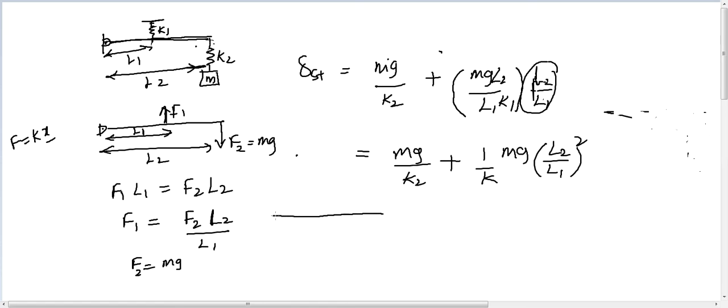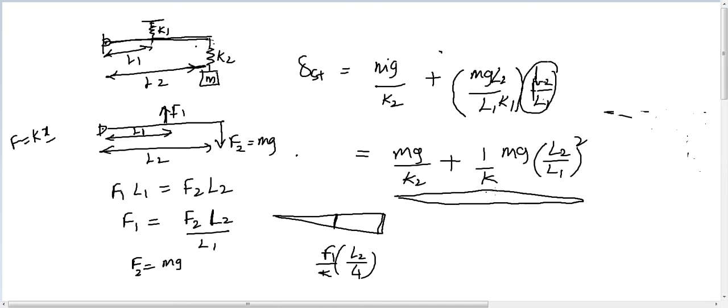The bar is like this and it is deflecting like this, and if there is a deflection of F1 by K1 here, the deflection here must be F1 by K1 into L2 by L1. That is the maximum deflection it can have due to spring 1, so I have multiplied with L2 by L1 again. So this will become the total static deflection of the spring.